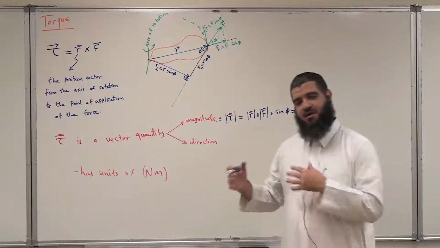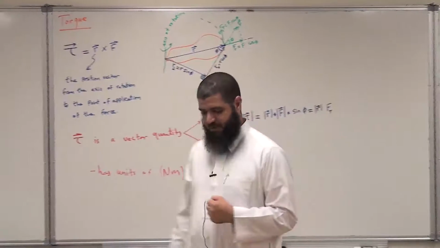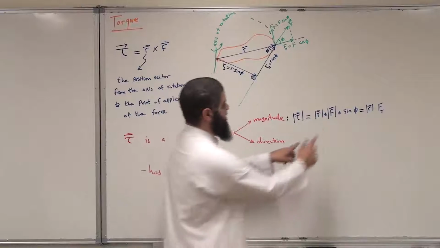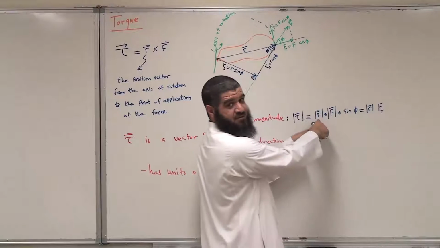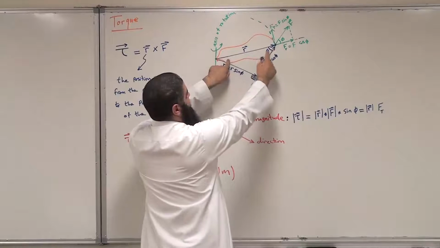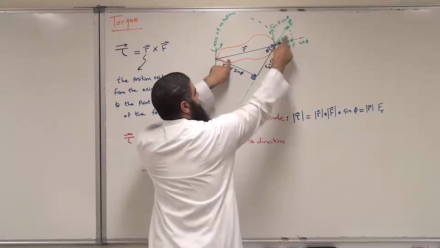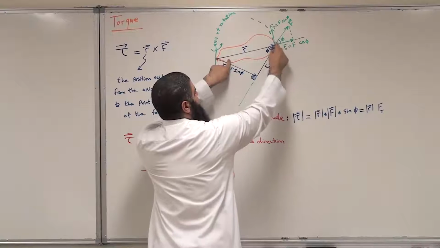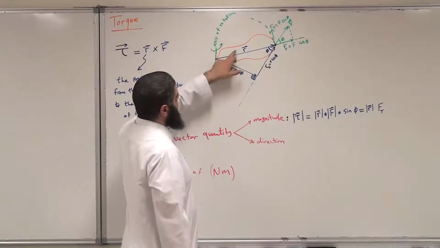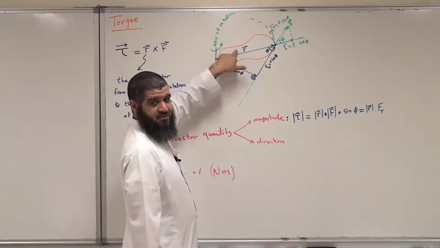Another way to look at this problem, to find the magnitude of the torque, is to take the sine phi with the magnitude of the vector R. So this is the R vector, this angle phi, they are opposite. They share the same head, so this phi is this phi. So I can analyze the position vector into two components.